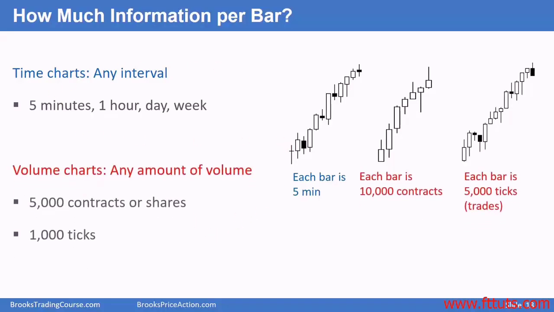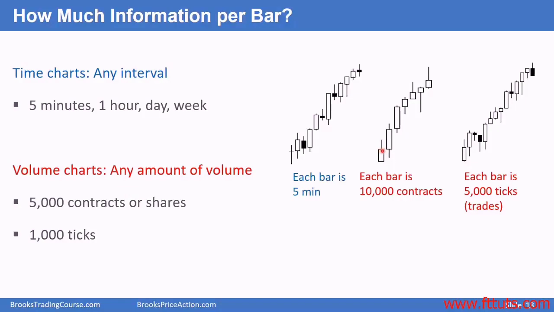Volume charts are also popular, and there are two different types. One is the number of contracts or shares traded, and the other is a tick chart. So for example here, each bar is a 10,000 contract bar. Let's say 9,999 contracts were traded, and the next trade is 1,000 contracts.